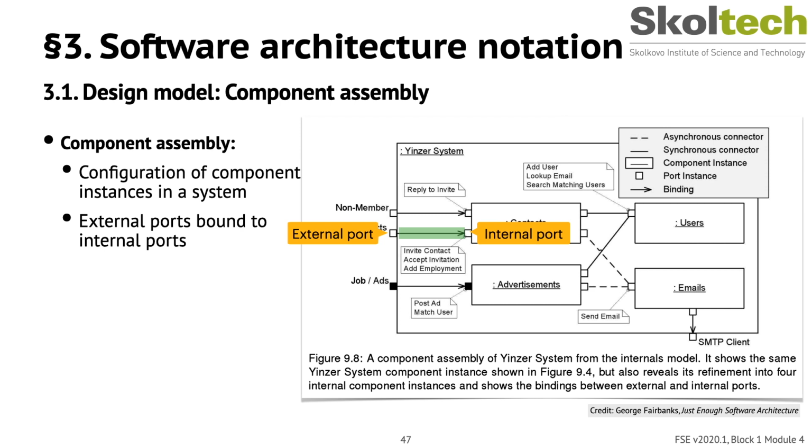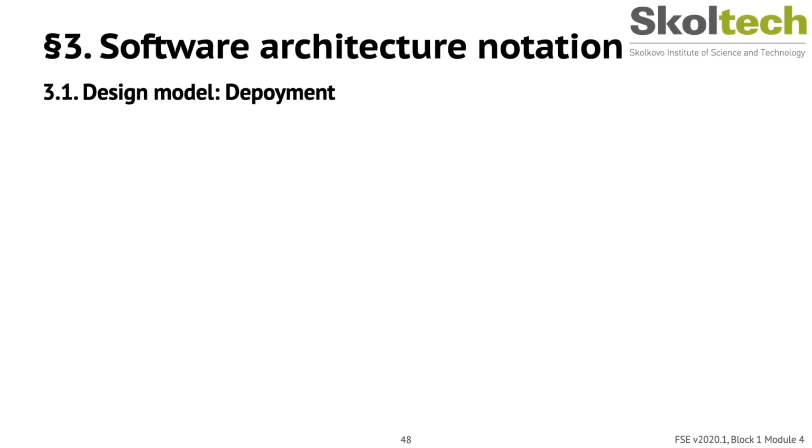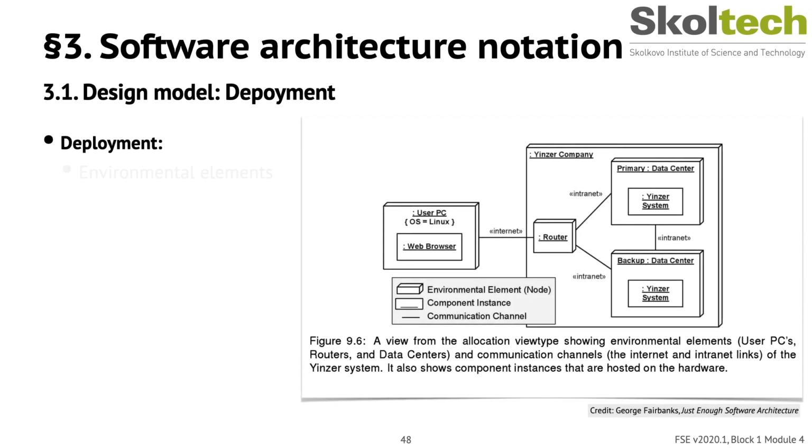The last type of diagram that is important to us in this video is the deployment diagram. As the system is being deployed onto hardware, the hardware and its configuration will impact how the system performs. This figure shows the component instances for the system being deployed both at a primary and backup data center, which are examples of environmental elements, or sometimes simply called nodes.